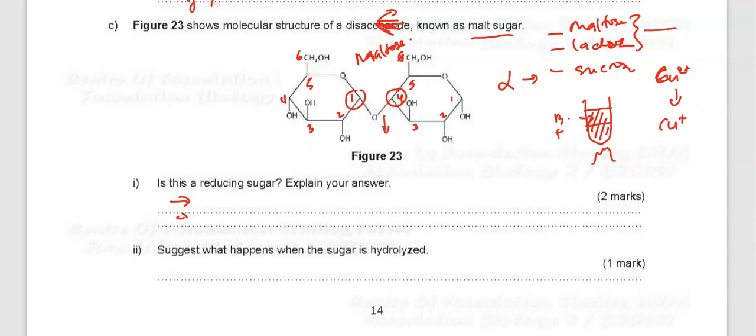Another point that you can add is what I mentioned earlier, the sugar will reduce copper ion Cu2 plus to copper oxide Cu plus. So those are the answers that you can include.